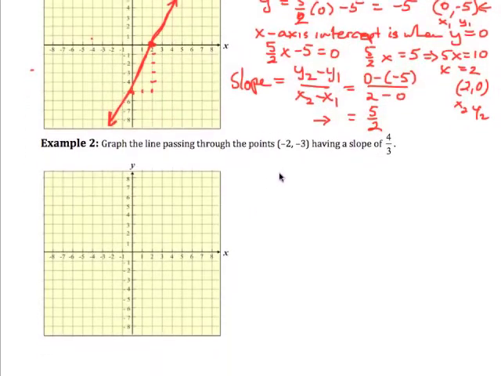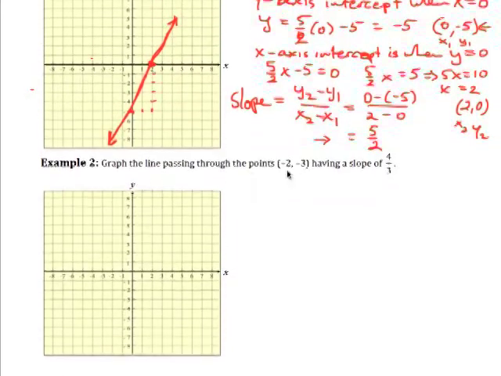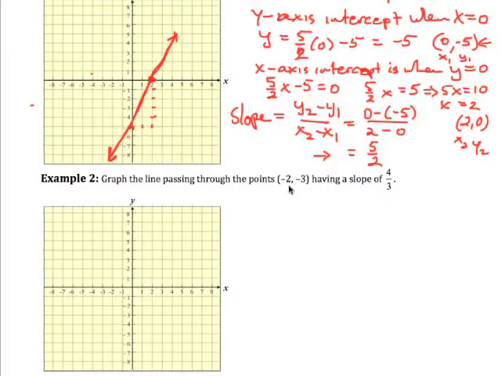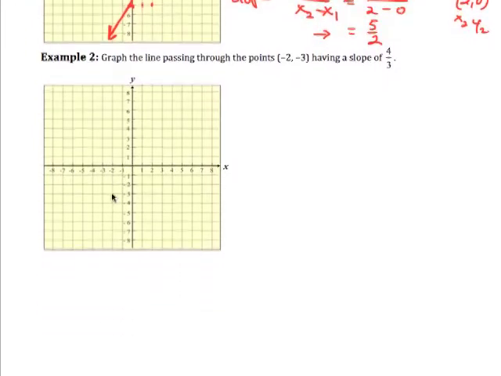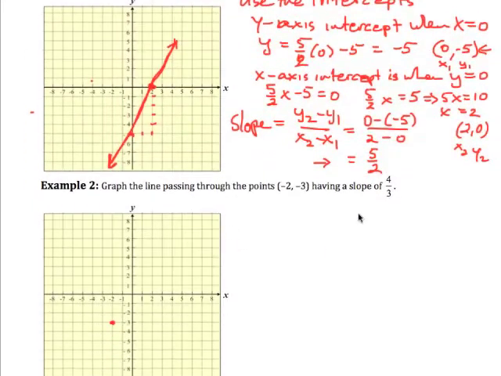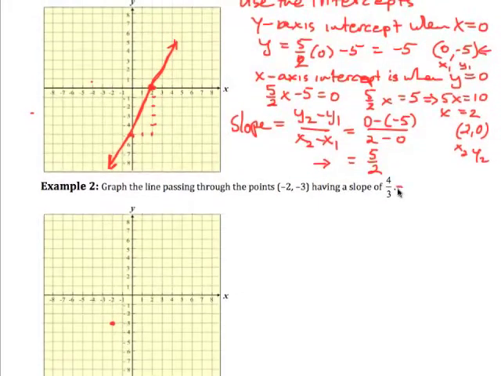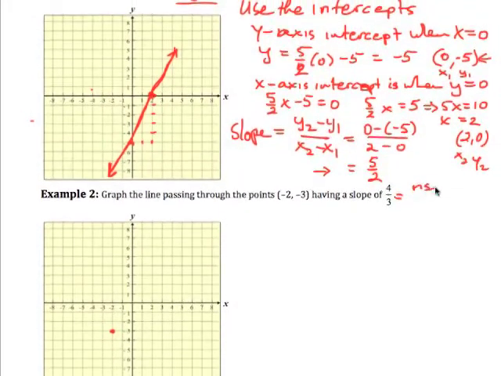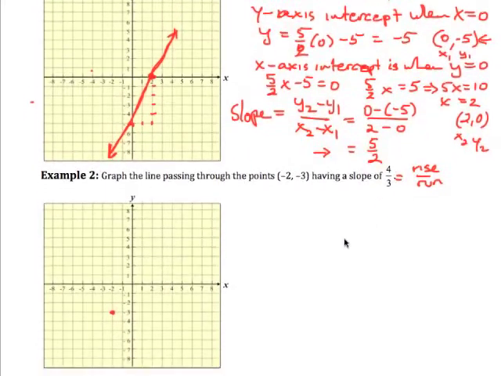Okay. Alright, let's look at the second example. We have a line passing through the point (-2, -3), so that's this point here. Now based on what we did in the first example, notice that we have a slope of 4 over 3. Now remember that this is equal to the rise over the run. So every time we go across 3, we need to go up 4.